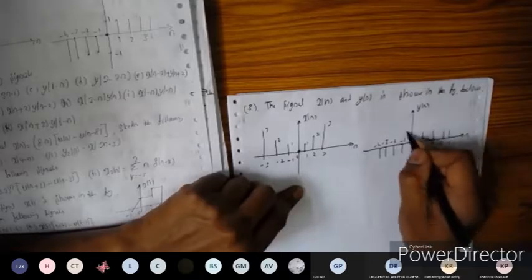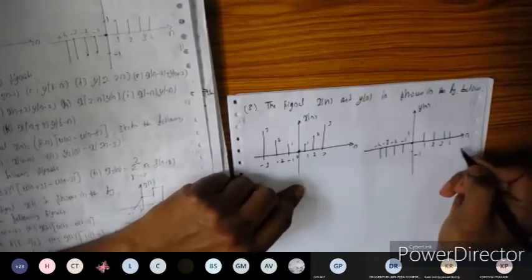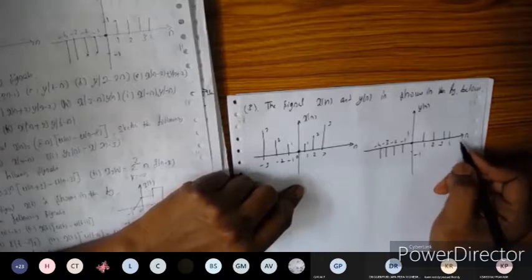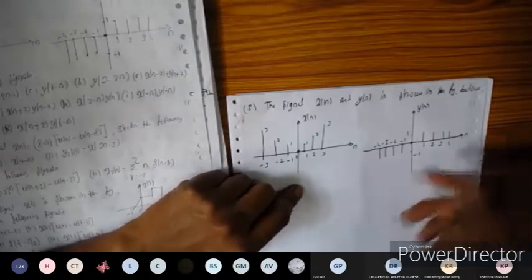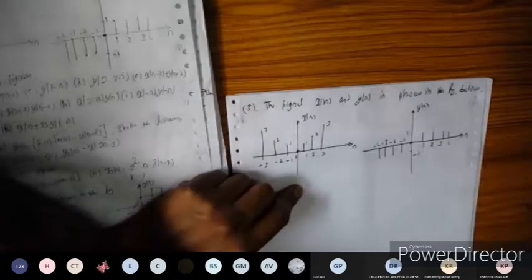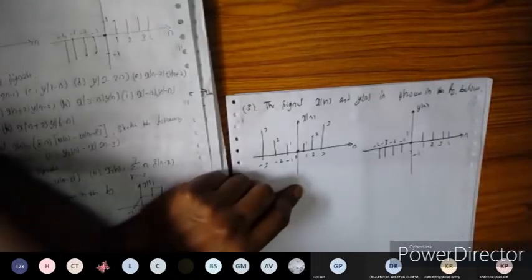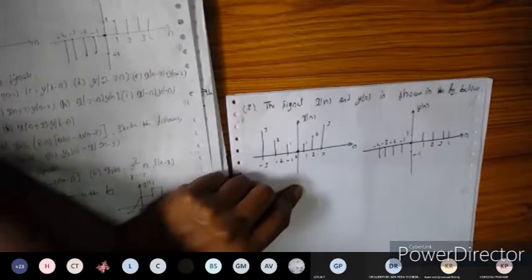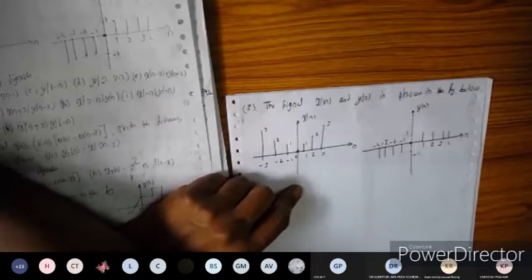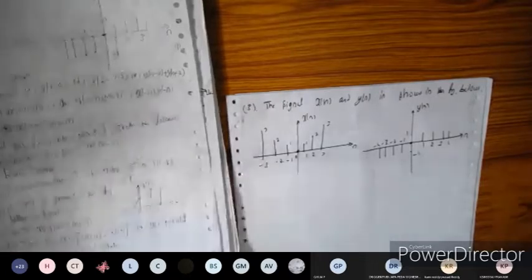So this is at -1 and this is at +1 here. So these are the samples here. Okay. Done.